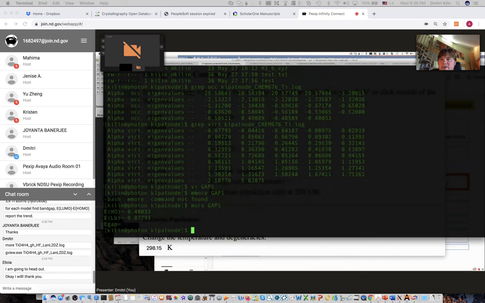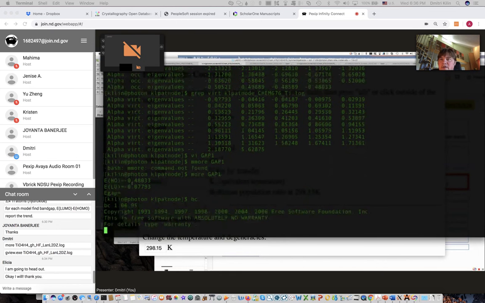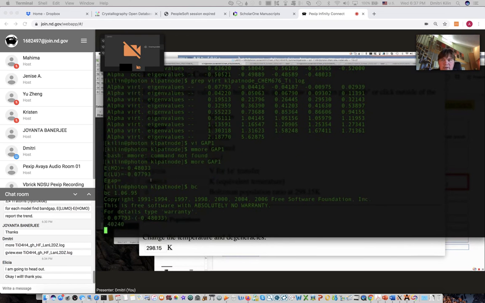Subtracting LUMO minus HOMO and multiplying everything by 27.12.